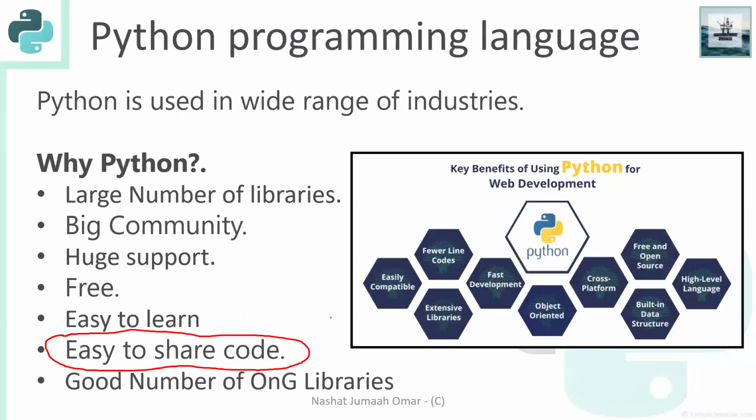What makes Python a very good solution to these types of problems is that Python is free, it's easy to learn, and it's easy to share the code. Plus, there is a large number of libraries that you can use. A library is a piece of code that someone wrote at a particular time and decided to publish online on the internet.